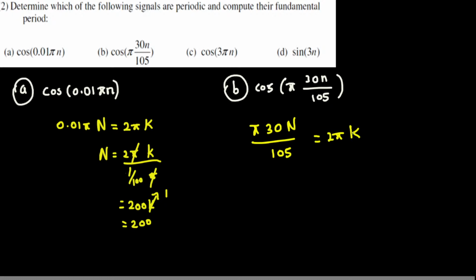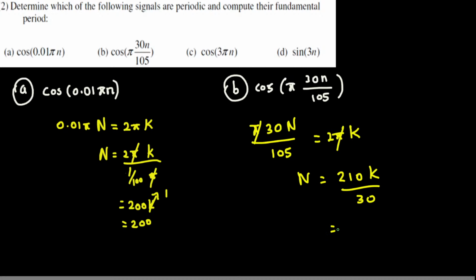Now we can right away see π cancels. Here we have a 30 and 105, and 2 times 105 makes this N equal to 210k divided by 30.